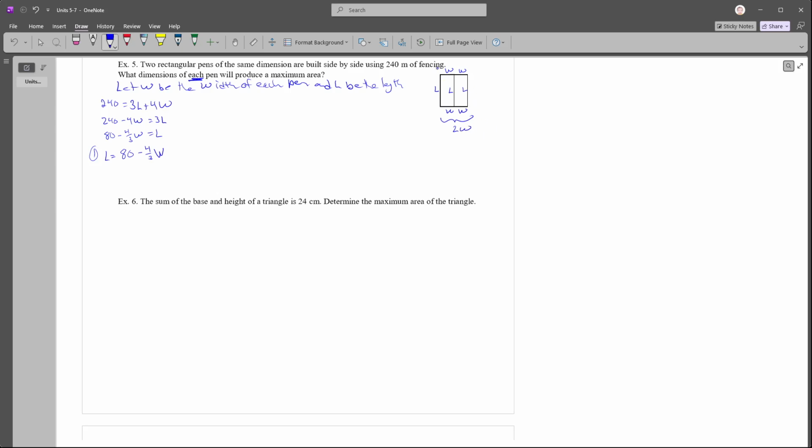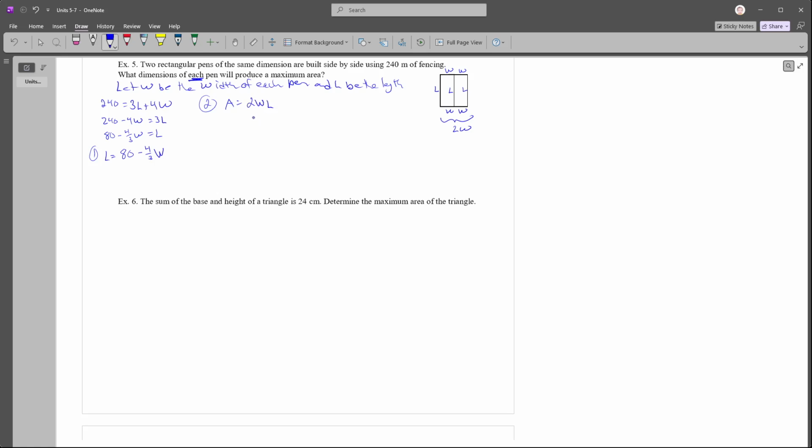The area of this entire rectangle is actually 2W times L. So we got to keep that in mind. So equation number 2: area is equal to 2W times L.